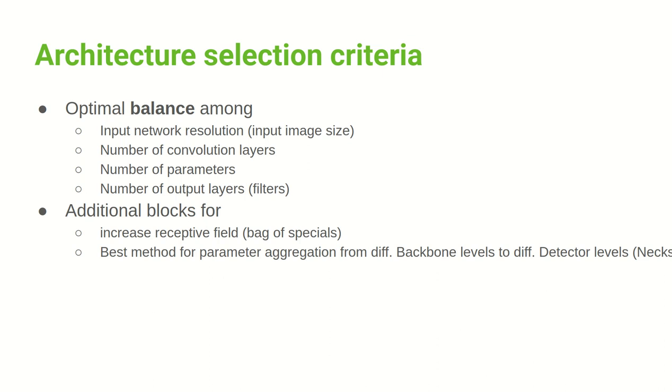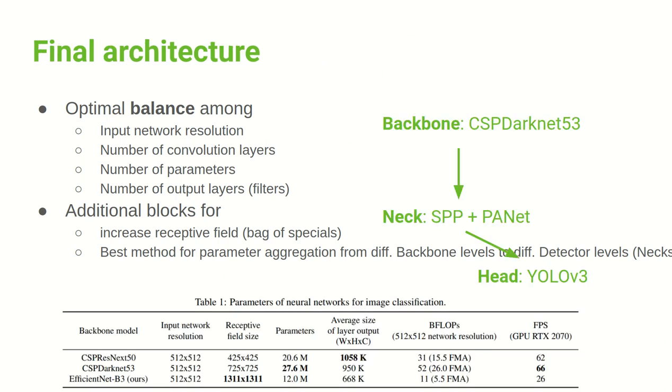That is, we need to find a really good neck architecture. So the final architecture that YOLOv4 uses: the backbone is CSPDarknet53, the neck uses SPP and PANet, and the head is still YOLOv3.